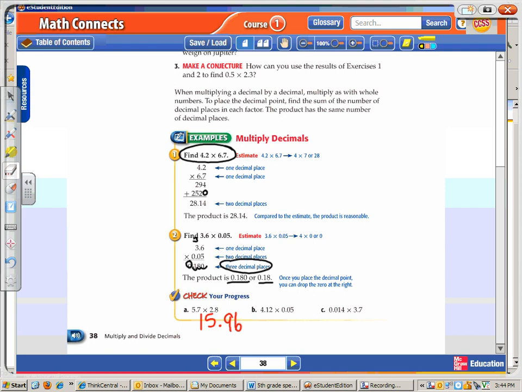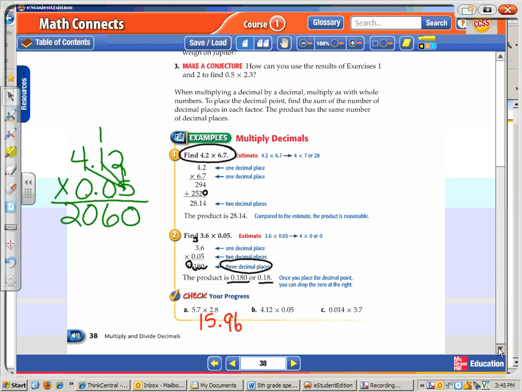Erasing that. Let's do the second one. 4 and 12 hundredths times 5 hundredths. Okay, multiplying that out. 5 times 2. 5 times 1, 5. And then we're going to add that extra 6. 5 times 4, 20. These two are zeros. We could go in and add the zeros to the bottom, but we know that we're just going to have rows and rows of zeros. So right now we're going to look at how many decimal places we have.